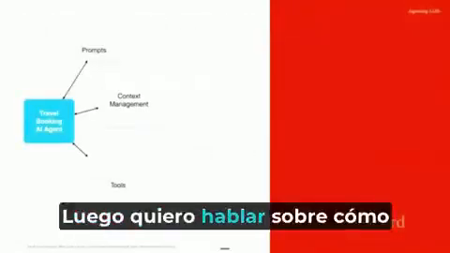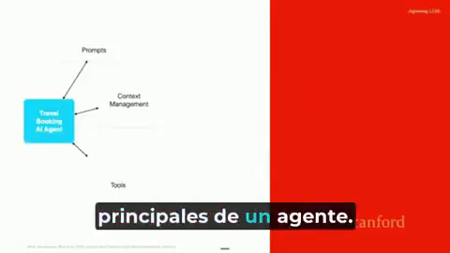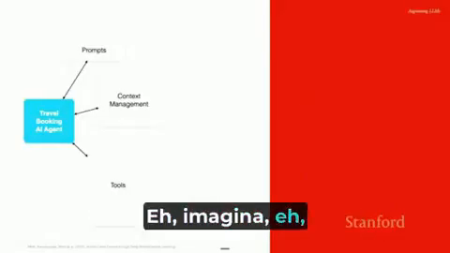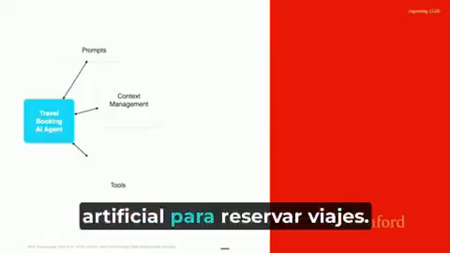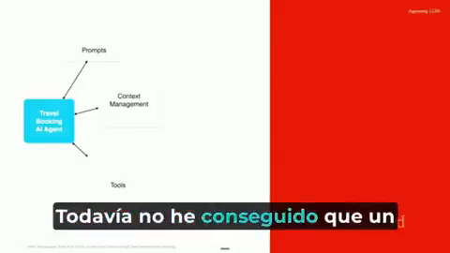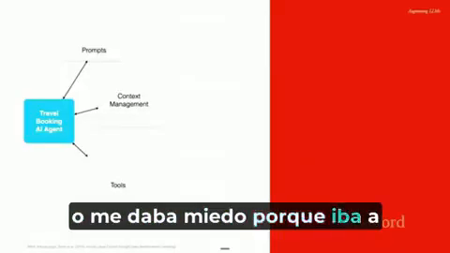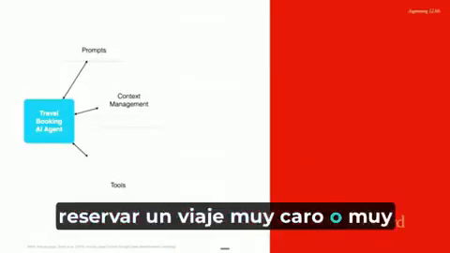Okay, then I want to talk about how the agent actually works and what the core components of an agent are. Imagine a travel booking AI agent. That's an easy example you've all thought about. I still haven't been able to get an agent to book a trip for me, or I was scared because it was going to book a very expensive or long trip.